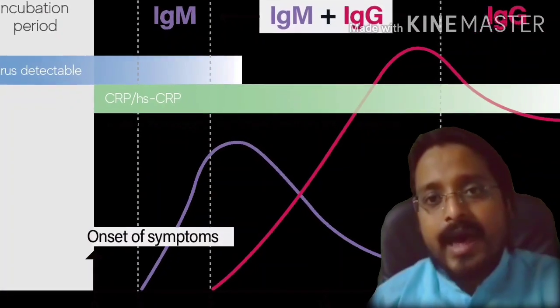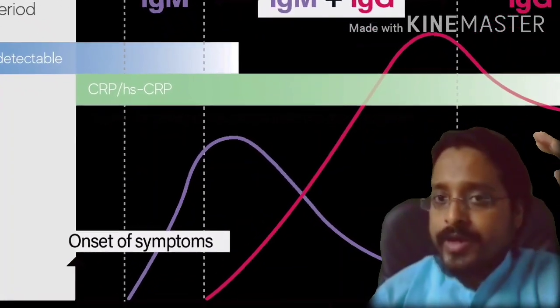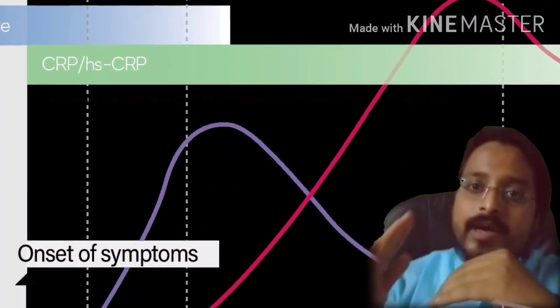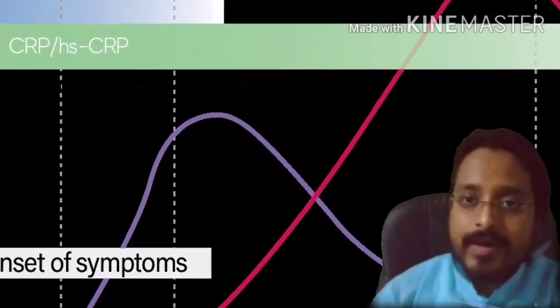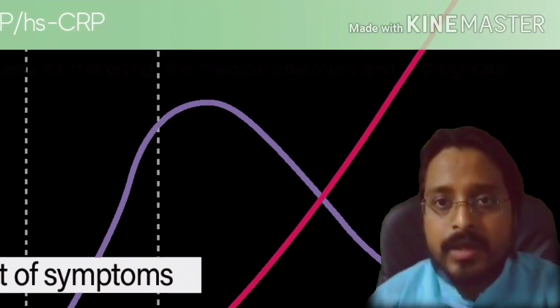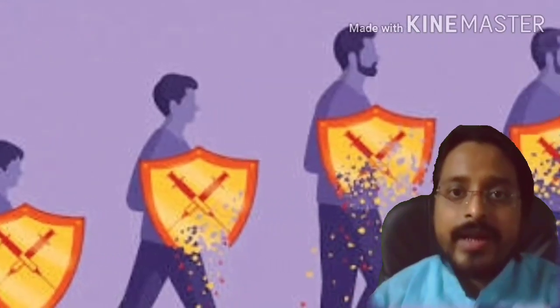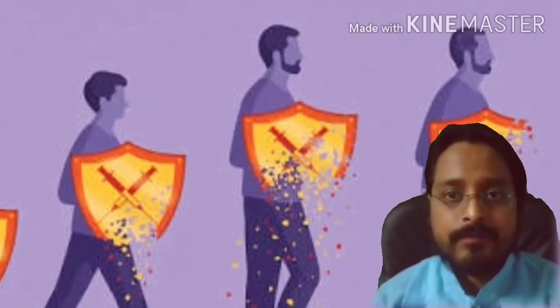That is, once the IgM starts going up, IgG does not react. But as soon as the IgM graph goes down, the IgG graph goes up or it rises gradually. This is what we look at to see if someone has long-lasting immunity.